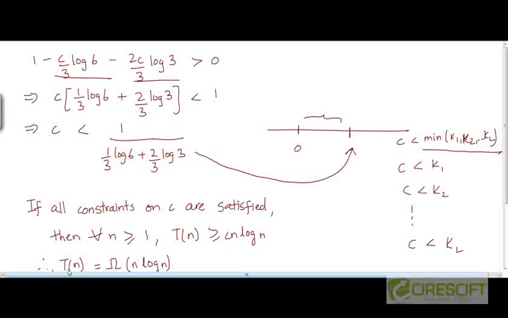This means that T of n will be in big omega of n log n, because there does exist a positive constant C for which T of n is bounded from below by C times n log n for all n greater than or equal to 1. And this is the definition of the big omega notation.